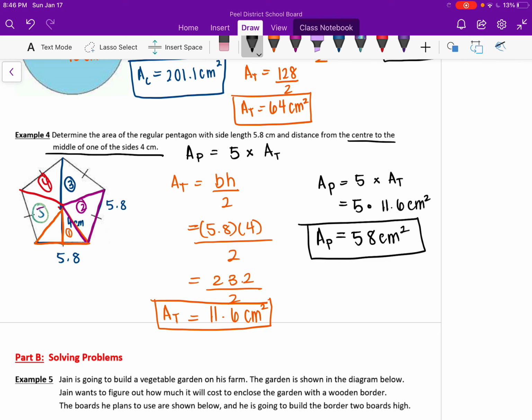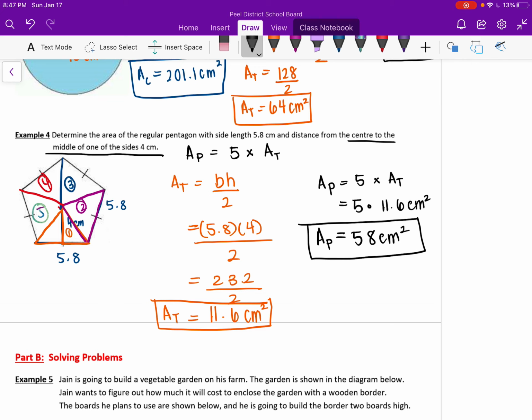So there's also another thing that if you go onto YouTube and you look for this, there's a formula for it. It's called area equals perimeter times apothem divided by 2. The apothem in this situation would just be that distance from the center to the middle of one of the sides, so this height of the triangle. You could use that, but it's the same way.